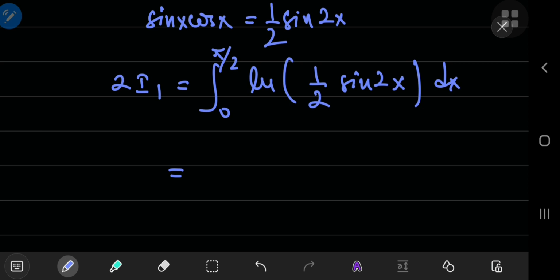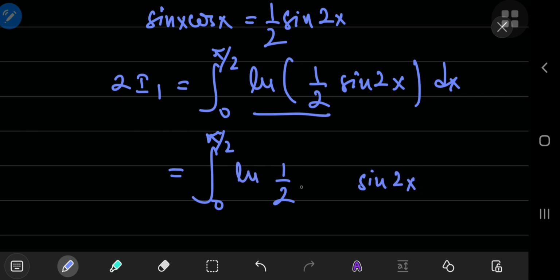Anyway, sorry, I tend to speak everything as I write because I know my handwriting is atrocious. Anyway, so once again, we can make use of some handy properties of the natural logarithm function by noticing we can actually split up the 1 by 2 and the sine of 2x in terms of logarithms.